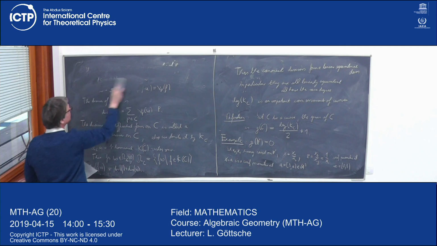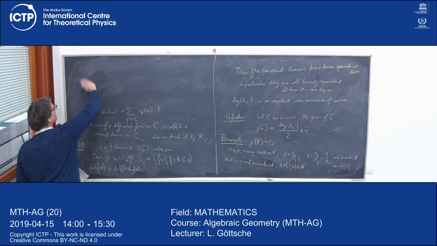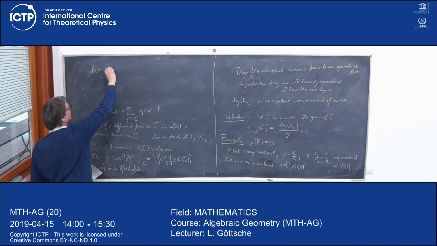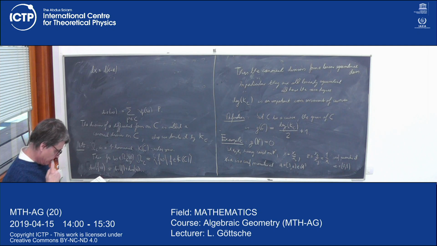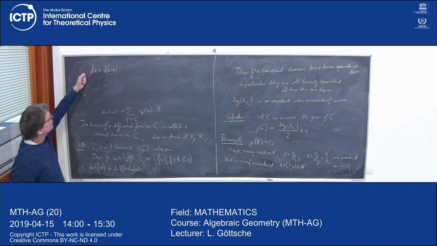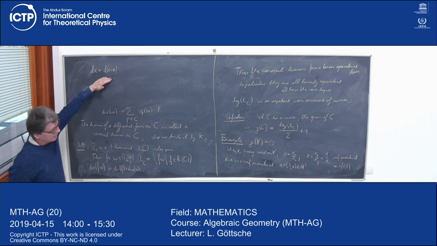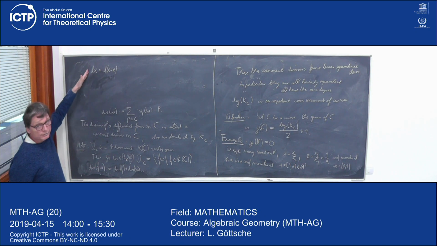So therefore, let's look at the differential form dx and see what its degree is. So dx is the same as d of (x minus a), because d of a is 0, because a is constant. And this is a uniformizing parameter, so this differential form on A1, outside the point infinity, has neither zero nor pole, because the coefficient is 1.